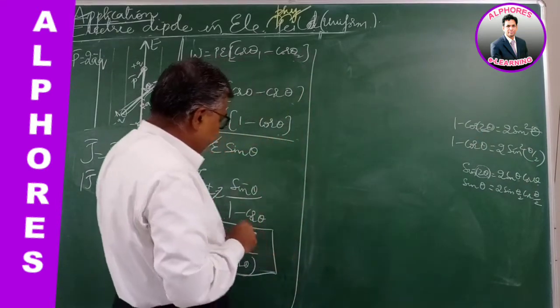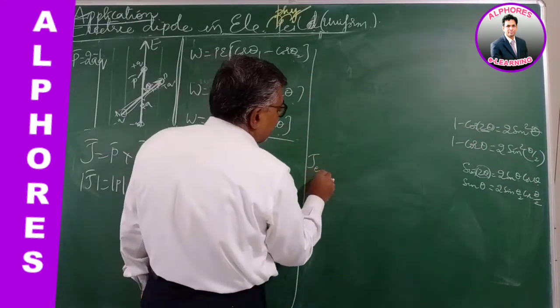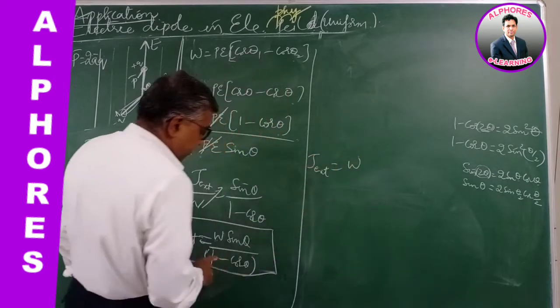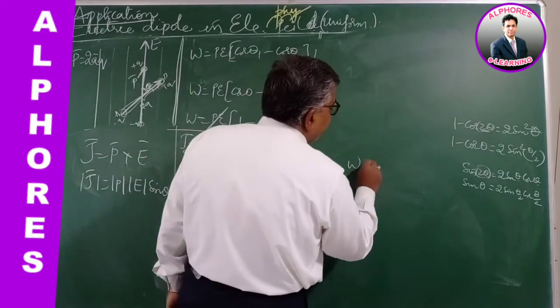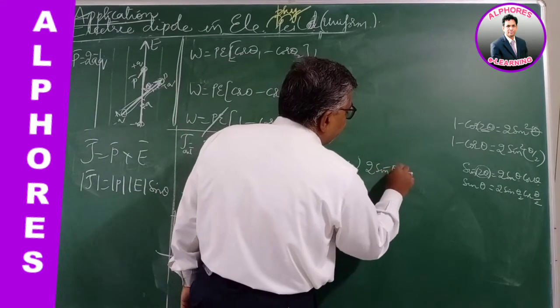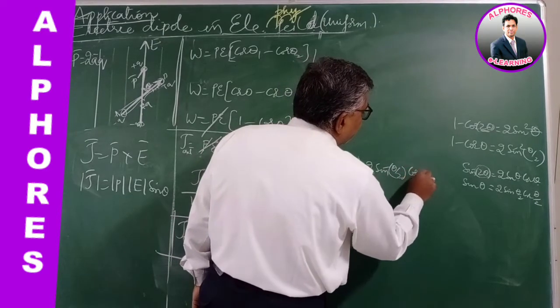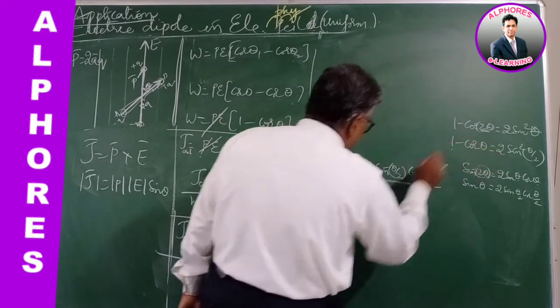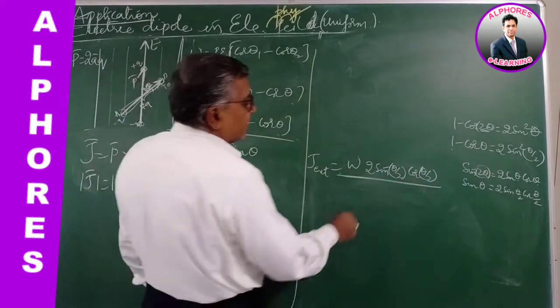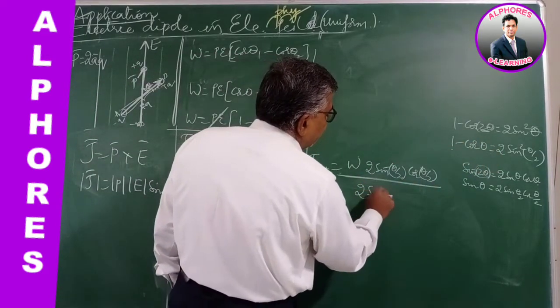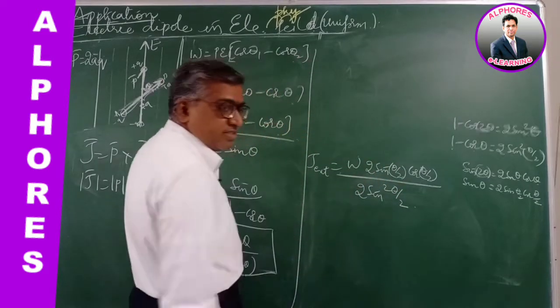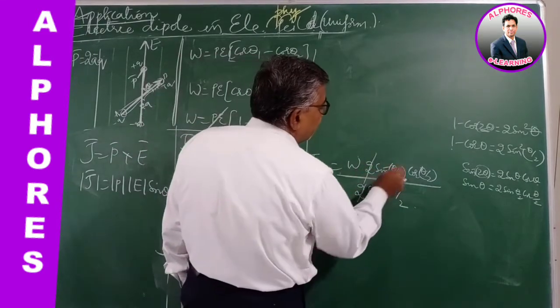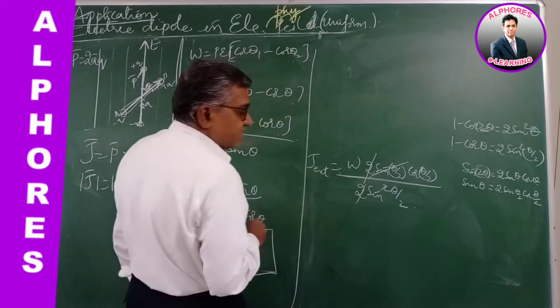So substituting in this, the external torque is equal to W of sin theta, which is 2 sin theta by 2 cos theta by 2, divided by 1 minus cos theta, which is 2 sin square theta by 2. The 2 cancels, and one of the sines cancels.